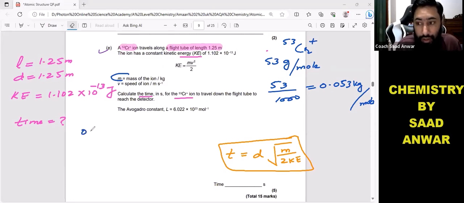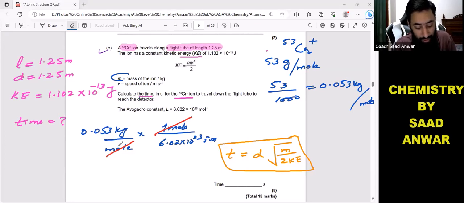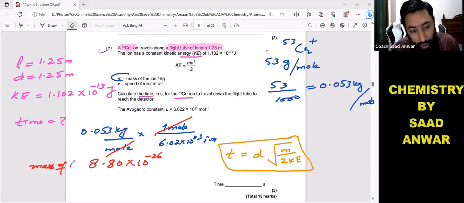I know 1 mole of anything contains 6.02 times 10 raised to power 23 ions. So this mole would be cancelled out by this mole. When I divide my answer by 6.02 times 10 raised to power 23, it would be 8.80 into 10 raised to power minus 26. This is the mass of the ion, which I have to put here.